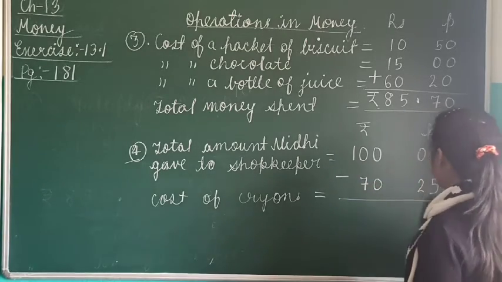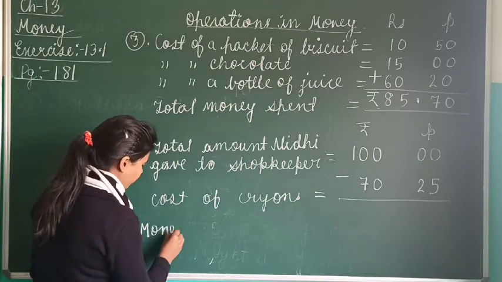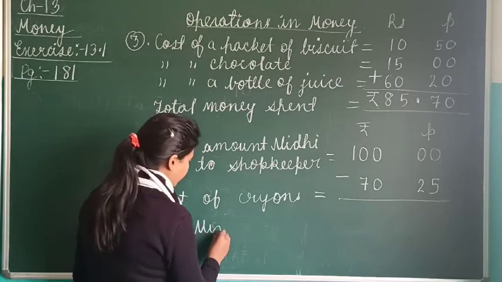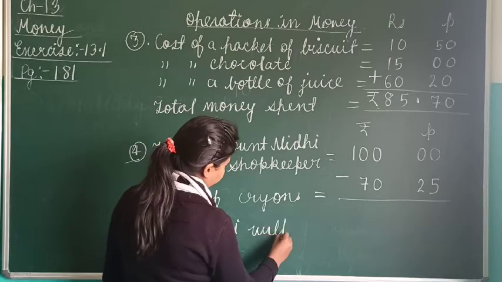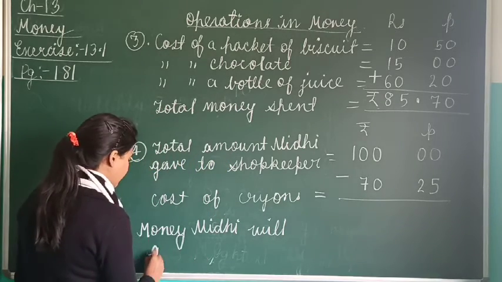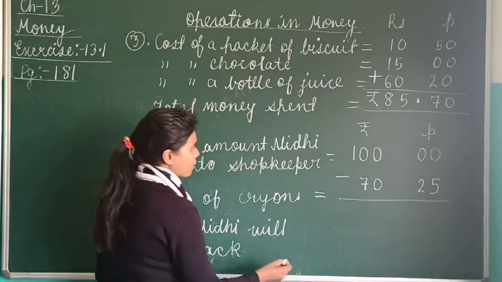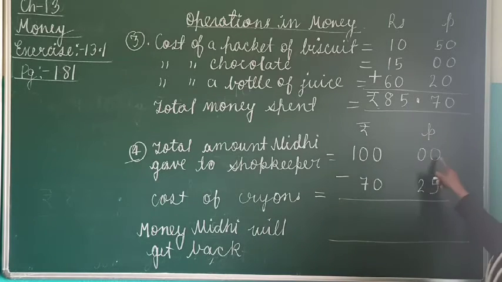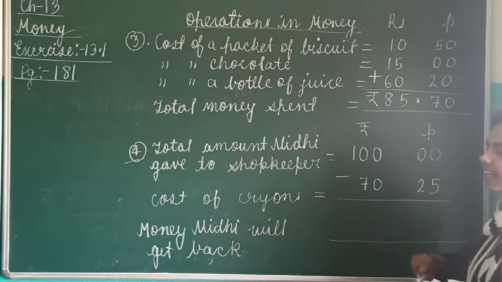Now how much change will she get back? Money Nidhi will get back is equal to, what do you do? Subtraction. Do subtraction here. Okay, so you see 0 minus 5 is not possible, so obviously it will take a carry. The next one also does not have any, so it will also take a carry.